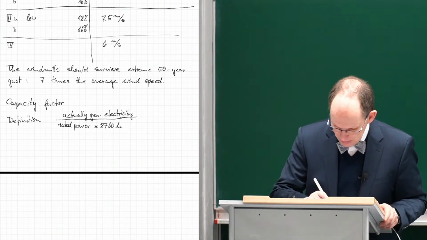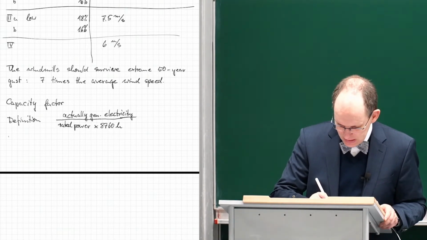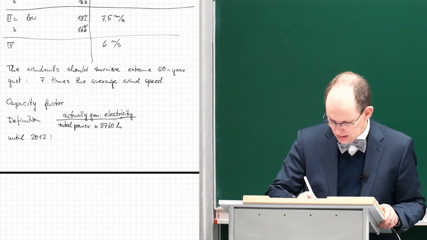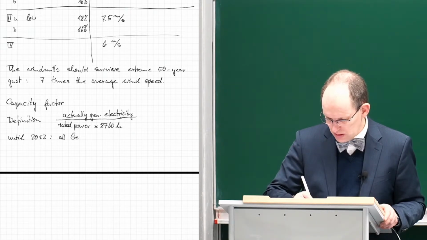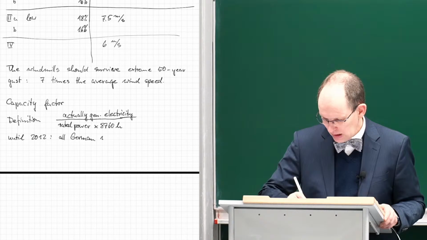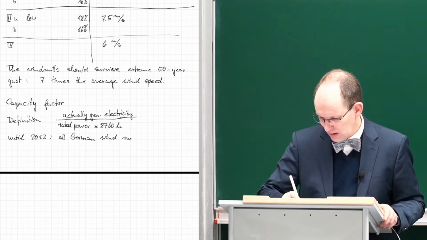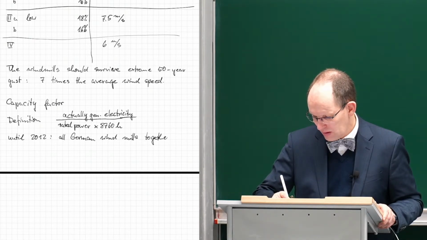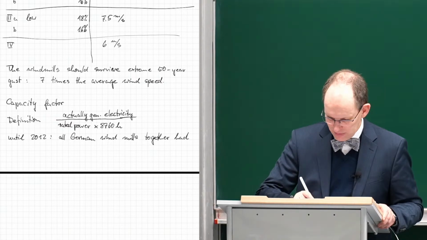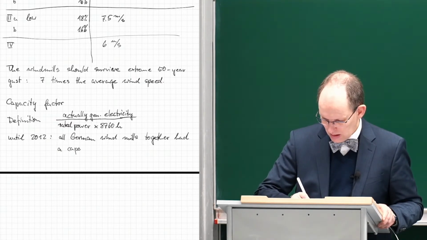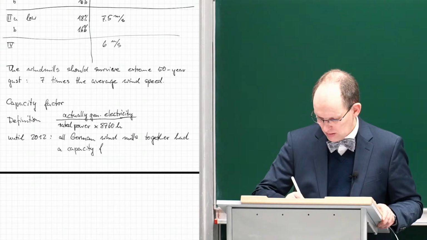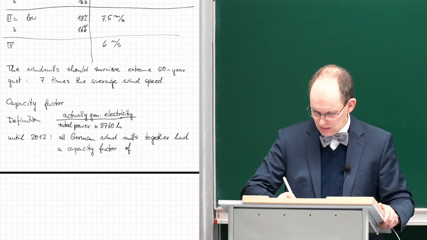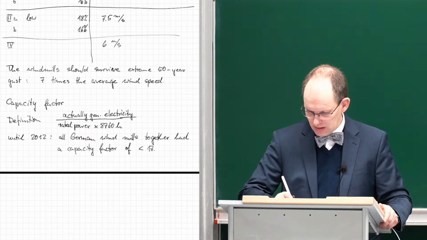So as a number here, until 2012, all German windmills together had a capacity factor of less than 17.5%.